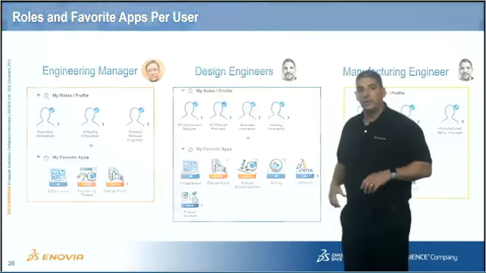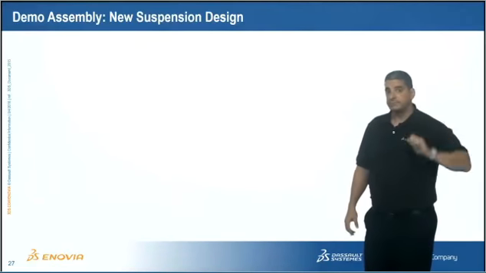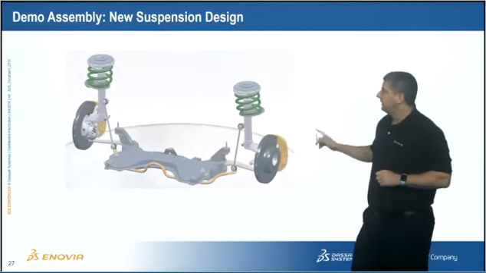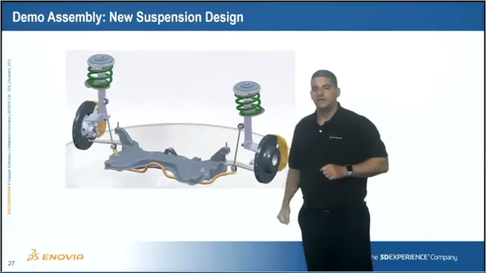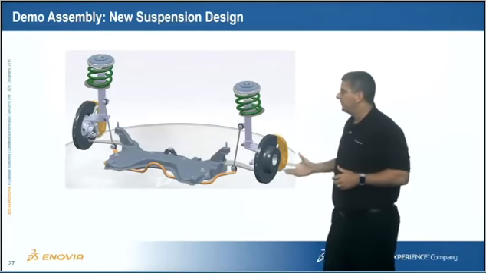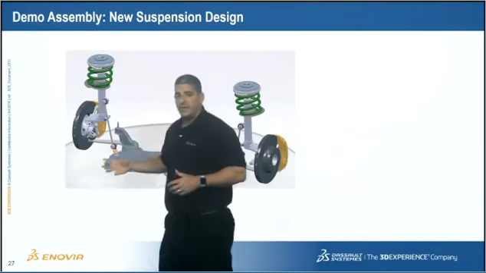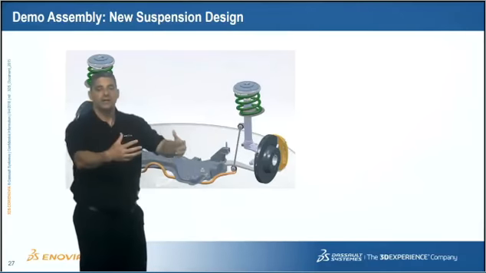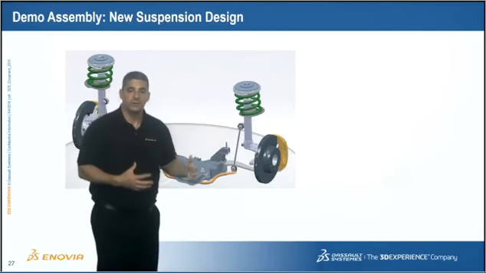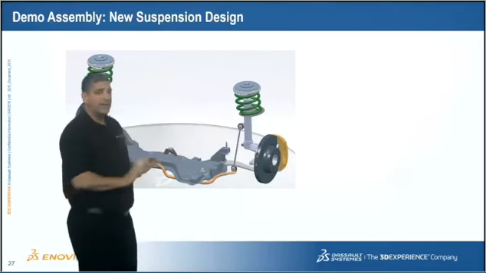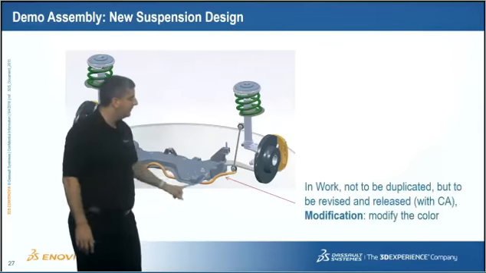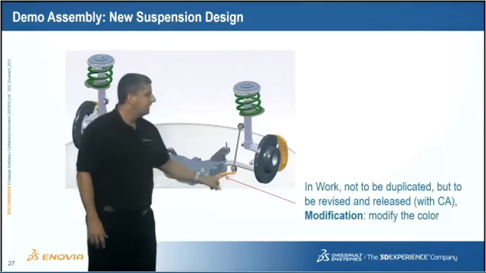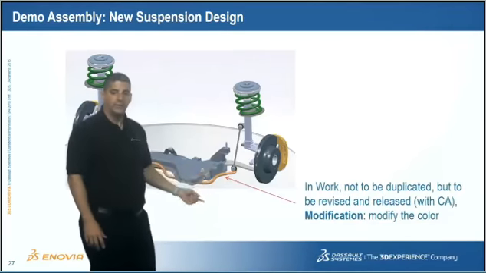Now the data that we're working on that you're going to see in this demonstration is this suspension. And in this suspension, we're going to do a couple things. Number one, this is an existing suspension, and the design needs to be carried over and supporting a new design. So we want to duplicate this into a new design, but not everything is going to be duplicated. So for example, this component here is not to be duplicated, but we want to revise it.